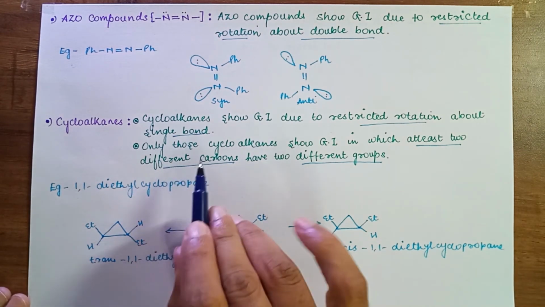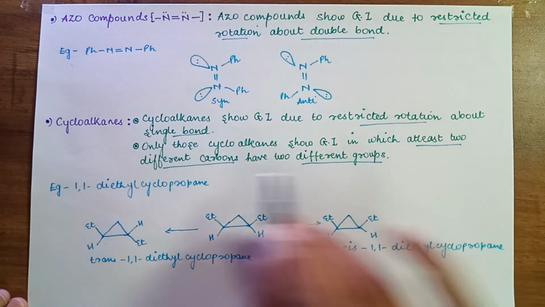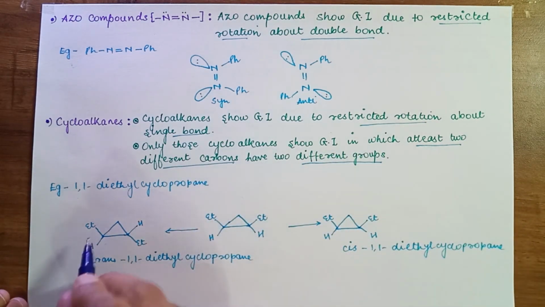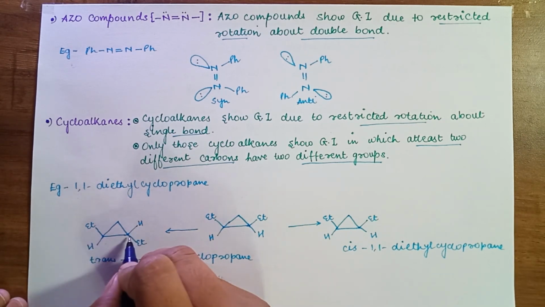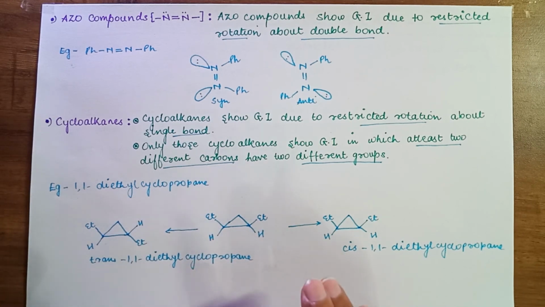So here the point is that only those cycloalkanes show geometrical isomerism in which at least two different carbons have two different groups. So these two different carbons have two different groups. This carbon, both groups are different. This carbon, both groups are different. So geometrical isomerism is possible in cyclo compounds.